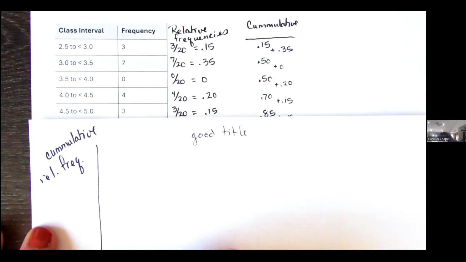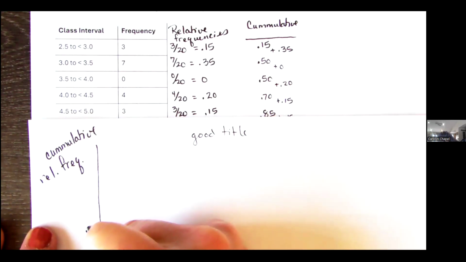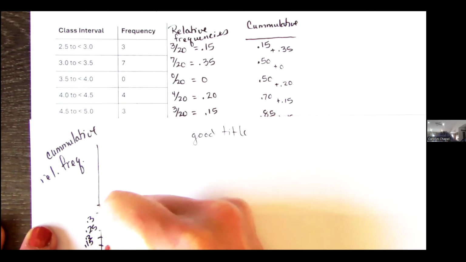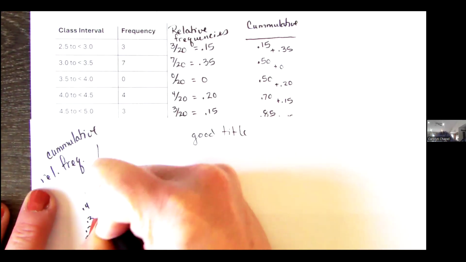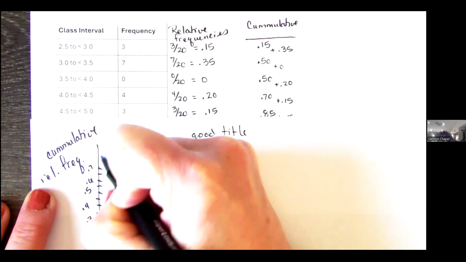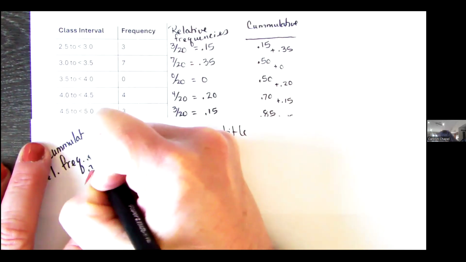And I'm going to count by 0.05s. 0.15, 0.2, 0.3, I'll skip a few, 0.4, skip a few, 0.5, 0.6, 0.7, 0.8, 0.9, and 1.